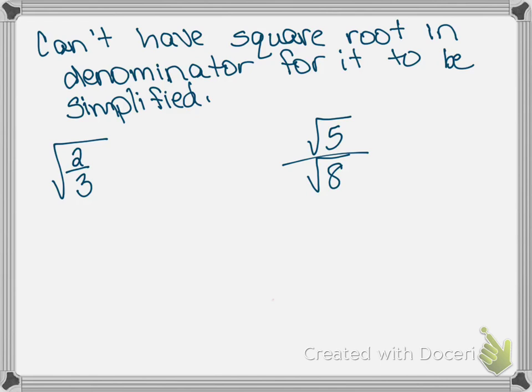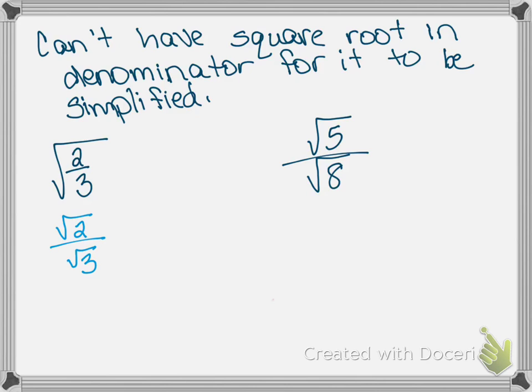Okay. So the first thing that you need to know is that if I have the square root of the fraction 2/3, that is the same thing as the square root of 2 over the square root of 3.